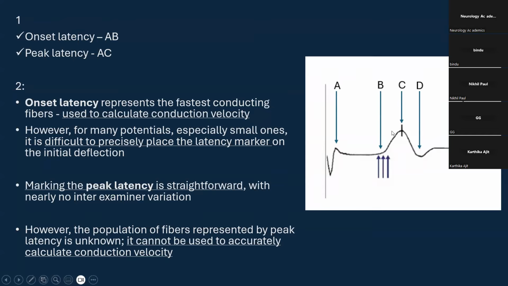However, for many potentials, especially the small ones, it is difficult to mark precisely. So there will be inter-examiner variation for this onset latency. But peak latency is easy to mark. So it is straightforward, and there is less chance of inter-examiner variation. But this peak latency represents only a few population of fibers, so it cannot be used accurately for calculation of conduction velocity.